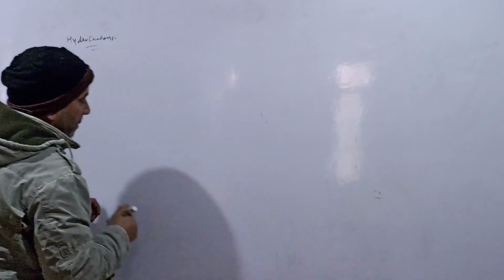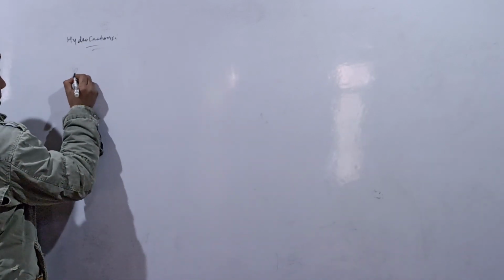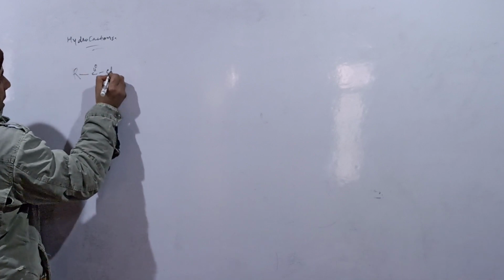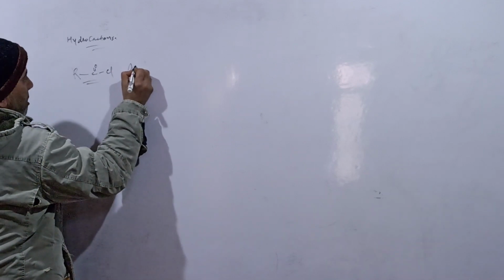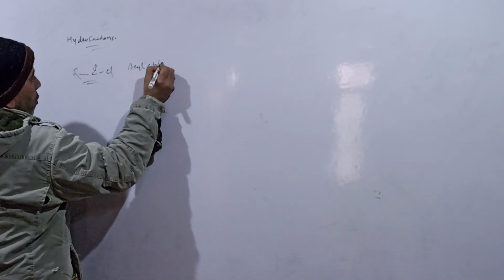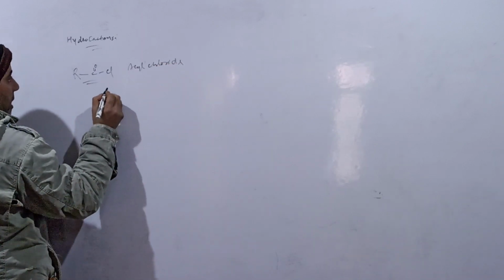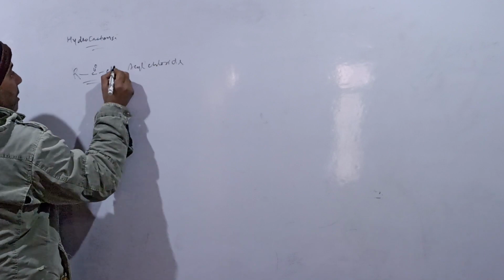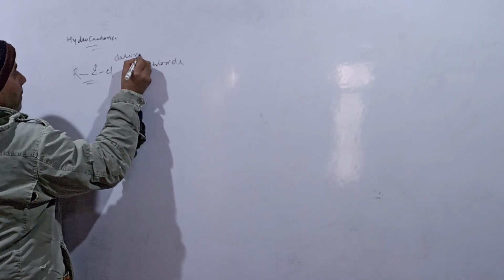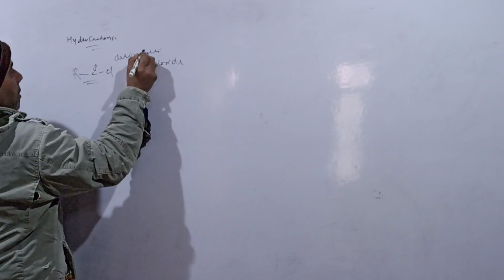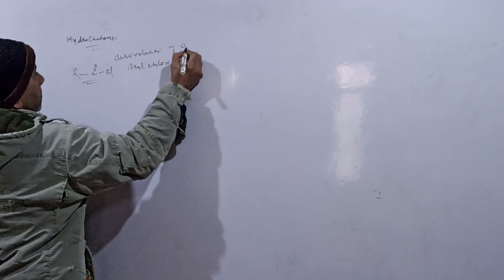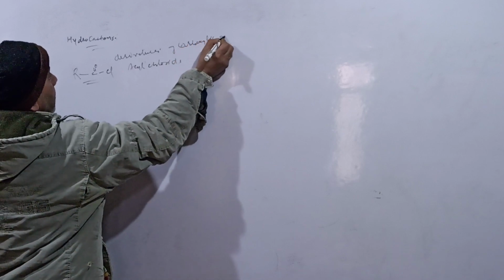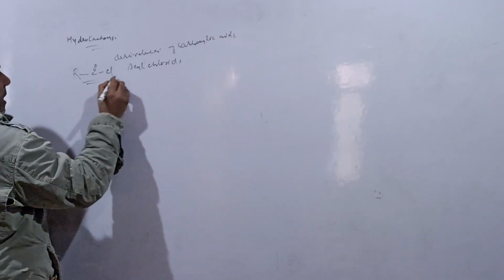For example, when we represent R single bond C double bond O single bond Cl, this will be called acyl chloride, and this will be called a derivative of carboxylic acids. And this will become acyl chloride.